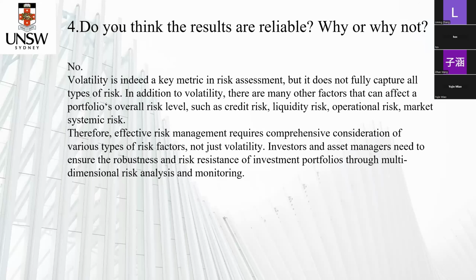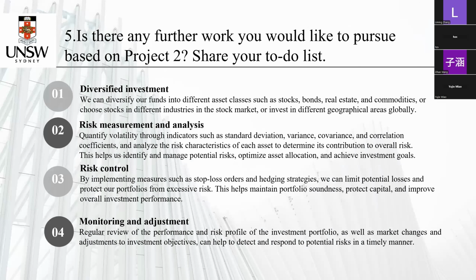Next one. The fifth question, is there any further work you would like to pursue based on Project 2? I think there are 4 things we would like to pursue. The first one is diversified investment.